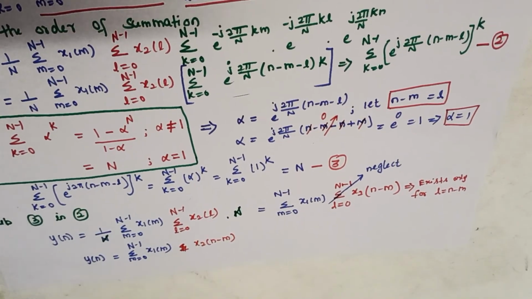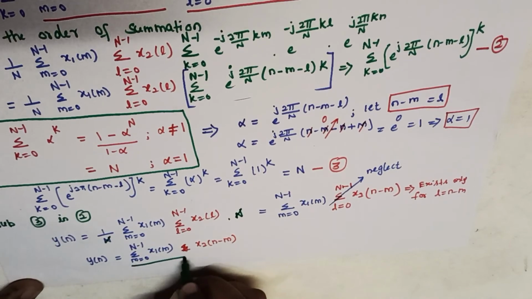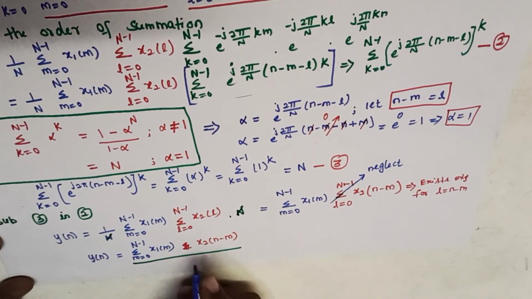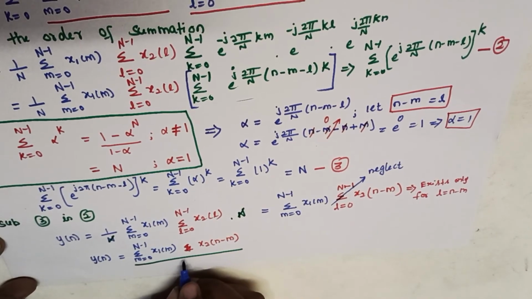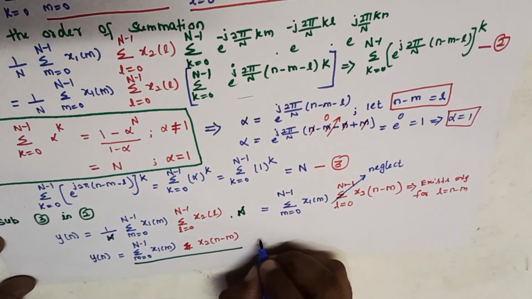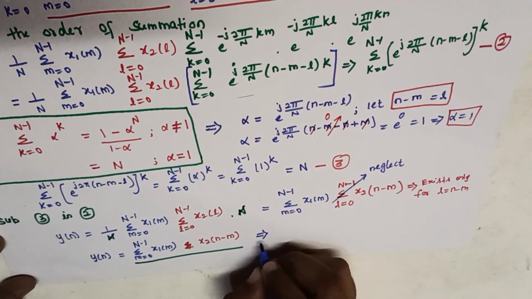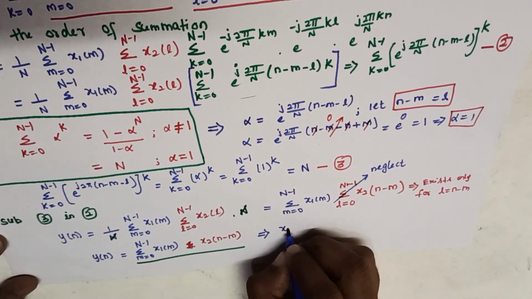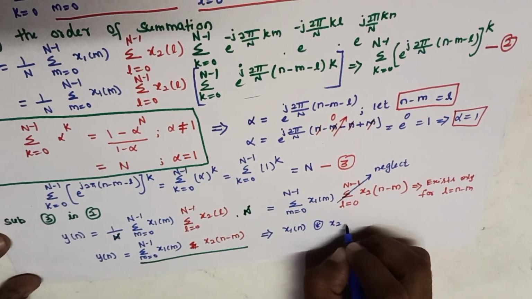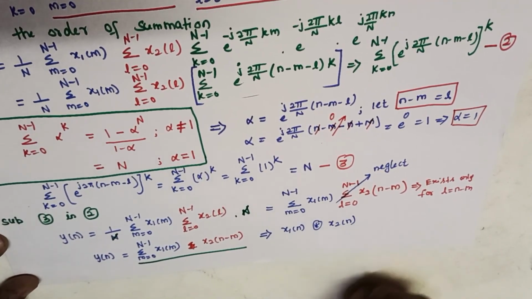Now this equation is nothing but the formula for finding the circular convolution of x1 and x2. So we can write this as x1 of n circular convoluted with x2 of n.